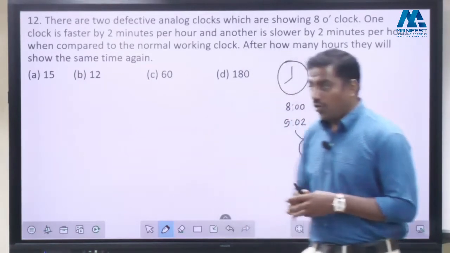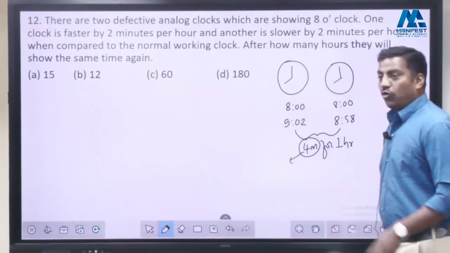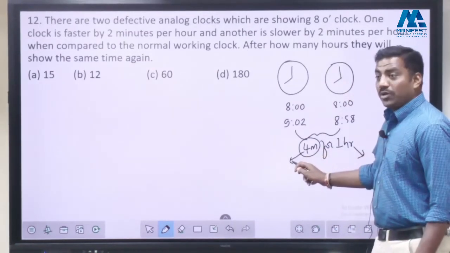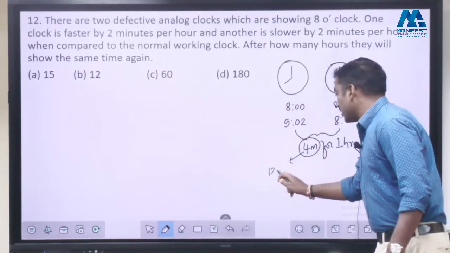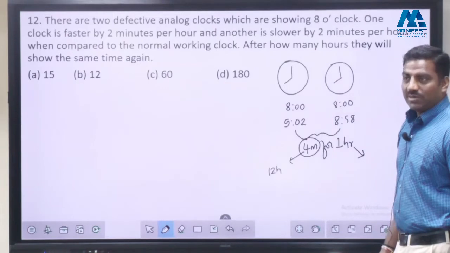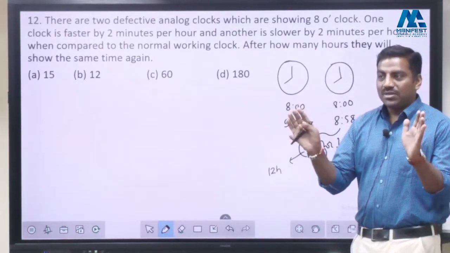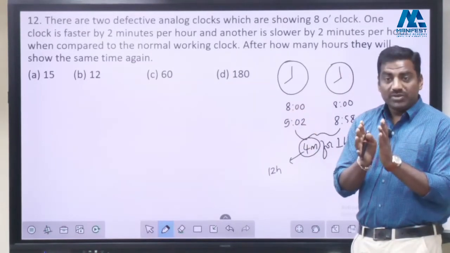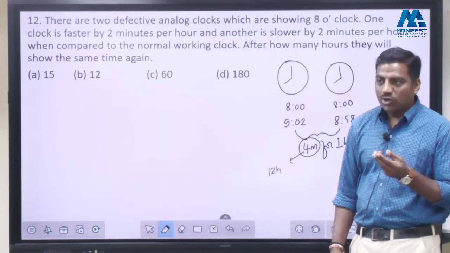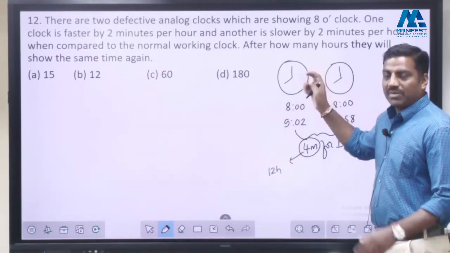So now we are getting the defect of 4 minutes every hour. So this defect has to be 12 hours. Getting my point? If two clocks have to show the same time, the difference between them has to be 12 hours. It can be 0 hours also, but already we have set the difference between them as 0 hours.